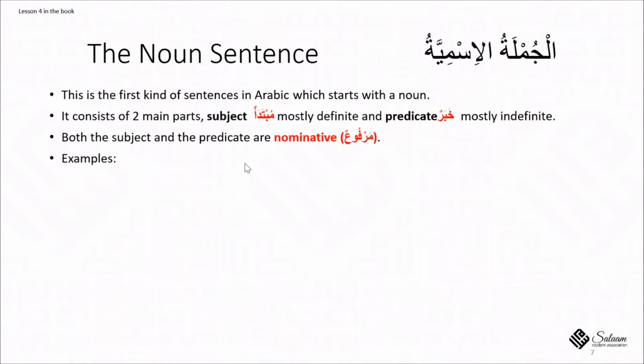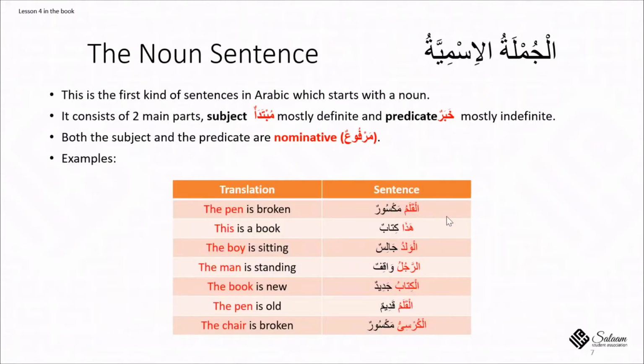Let's go to some examples. If you remember, we had this in the first lesson, but I did not go through the complete sentence. The sentence is: Al-qalamu maksur. Al-qalamu here is definite and it's the pen. This is the subject that I'm going to talk about in the sentence. Maksur is the khabar, the second word in the sentence, and this is a complete noun sentence.